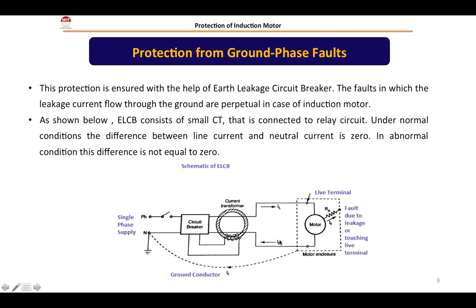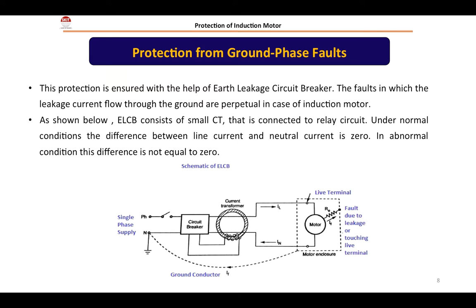But in case of abnormal condition, when there is a fault due to leakage from the live wire to earth, or a person by mistake touching the live terminal, then the net current flowing through the core will no longer remain 0, but equals the difference between IL and IN, or we can say IF, which will set up flux and EMF in the CT as per the preset value.